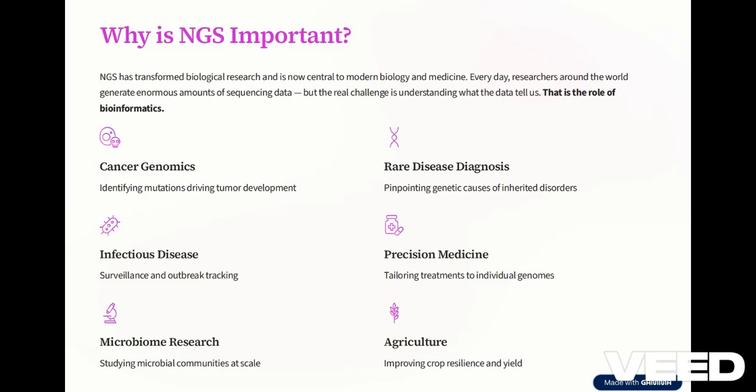Why is NGS important? Now you might ask, why is NGS so important? The answer is simple. Today, almost every area of biology and medicine depends on sequencing data. NGS is used to identify mutations in cancer, diagnose rare genetic diseases, study gene expression using RNA sequencing, monitor infectious disease, understand microbial communities, improve agriculture crops, and support precision medicine.